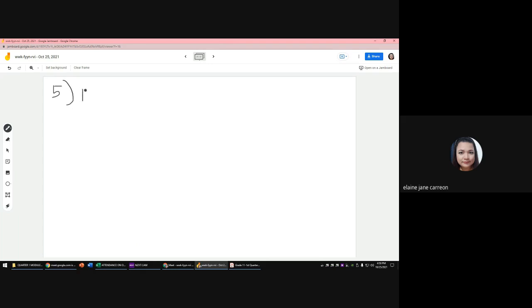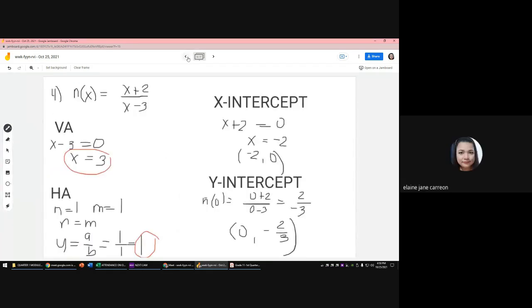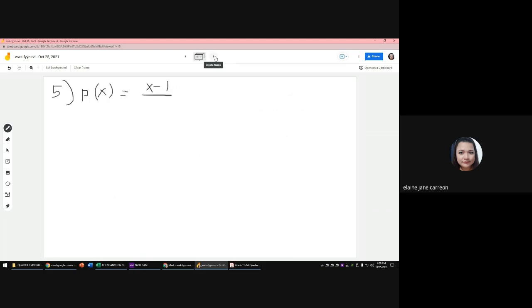Next, number 5. P of x, last na to. P of x is equal to x minus 1 over x squared. Ma'am, ano po yung y-intercept ng number 4? 0, negative 2 over 3. Okay na? Okay.